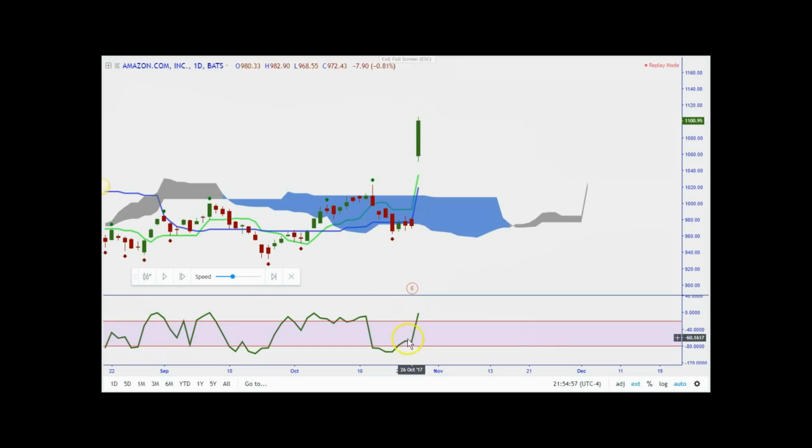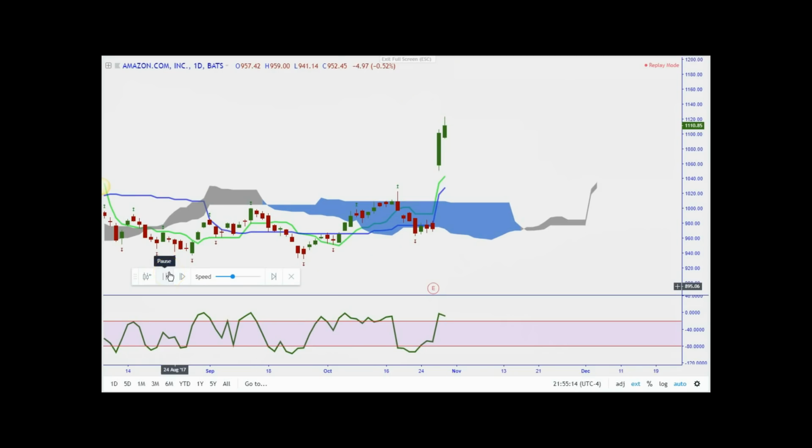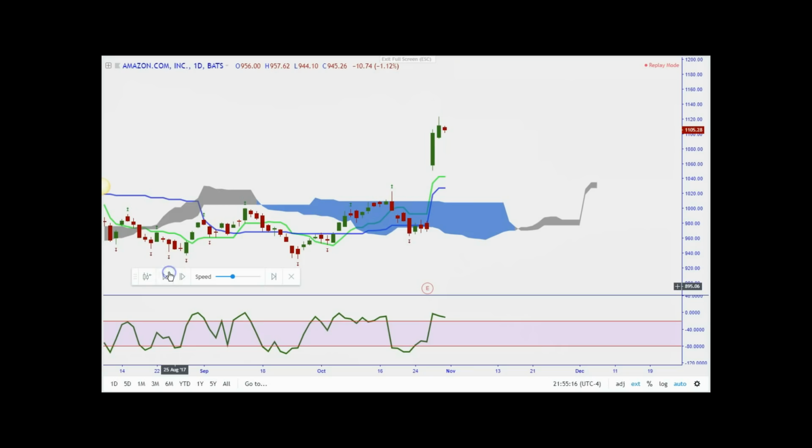You could see what happened. It signaled to us a move to the upside on this candle right here, because we broke above. Then the next candle didn't give us much, and then earnings, it blew to the upside. So we made profit there. Let's continue to watch. We made so much profit here, it's easy to now manage your trade, right?